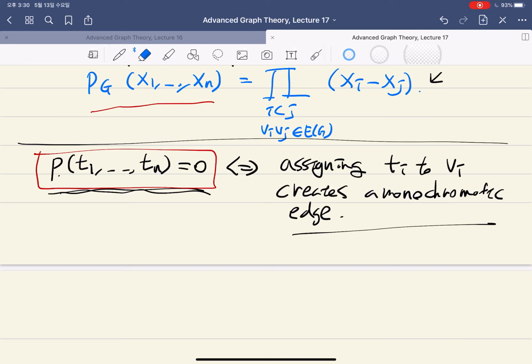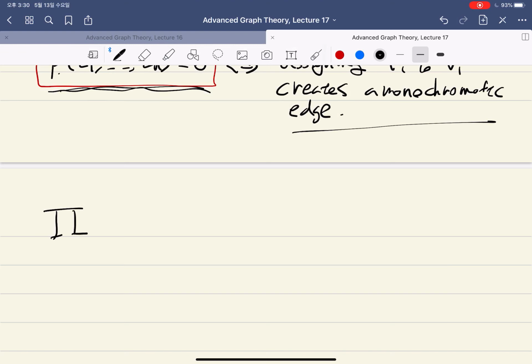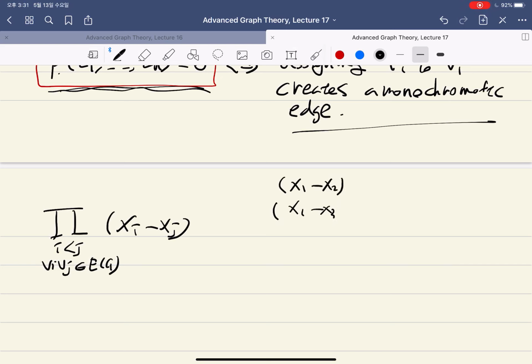But this polynomial also has a relationship with orientations of the graph. This is a multiplication of many terms: x1 minus x2, x1 minus x3, x3 minus x5, and so on.